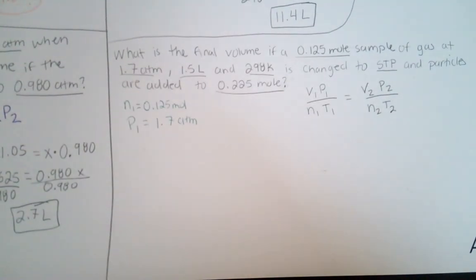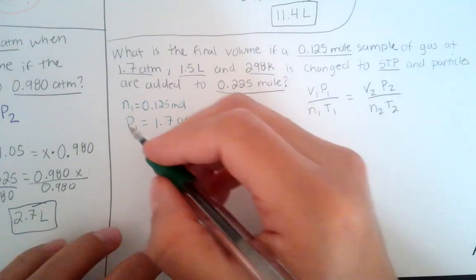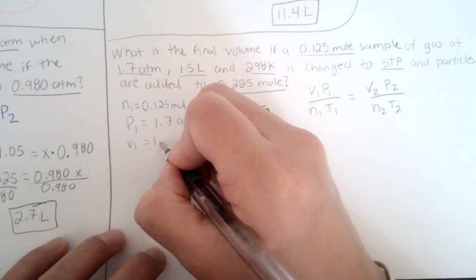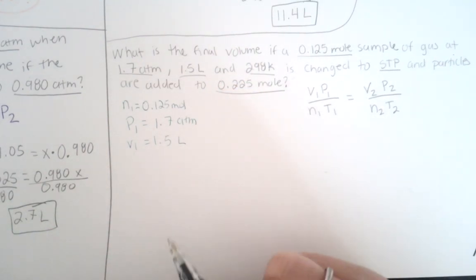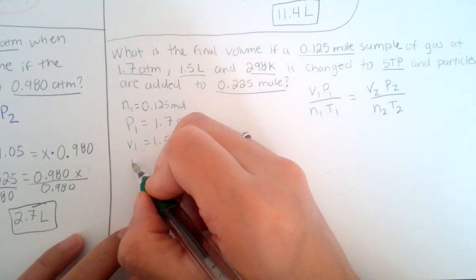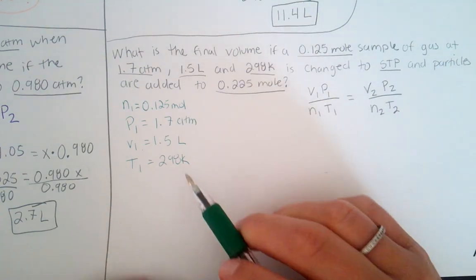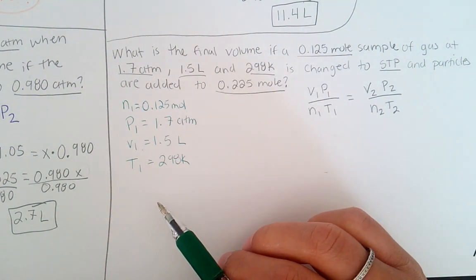All right. And then 1.5 liters, that's our first volume. All right, and 298 Kelvin, that's our first temperature. So we have all our N1, P1, V1, and T1.